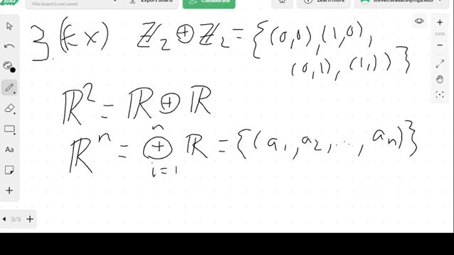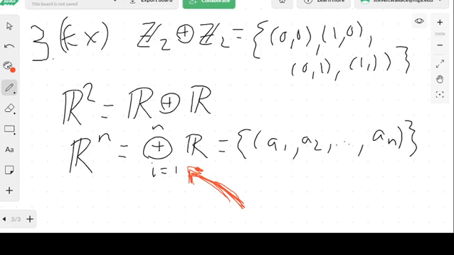You can think of those as vectors. So this notation is just saying if you can do it for two, you can do it for any number, by induction.